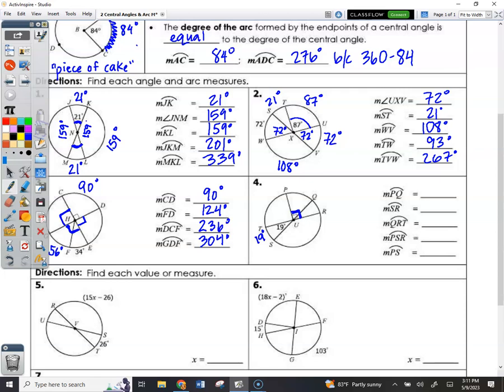The 2 diameters will create vertical angles, and vertical angles are congruent, so there's another 19-degree angle, and a 19-degree arc. Then you've got your diameter, which is 180, minus the 19, right? Right here.